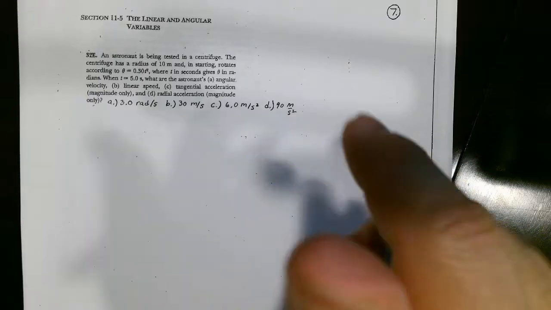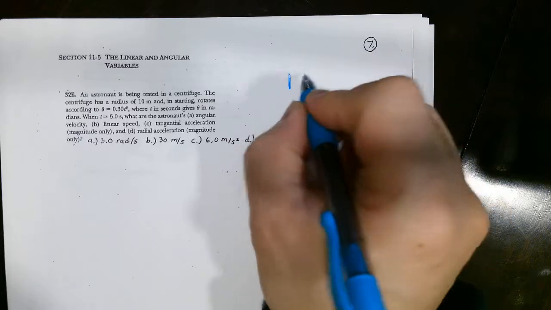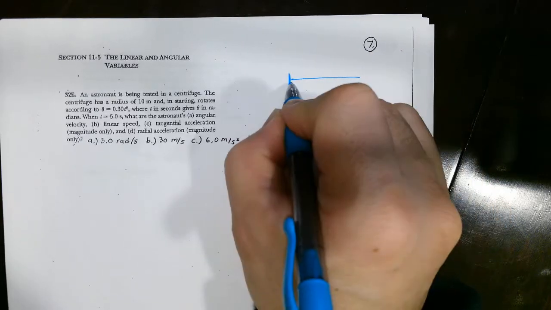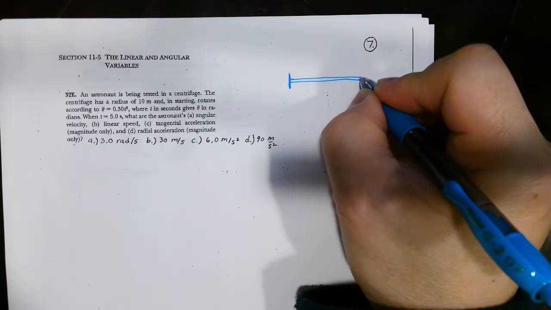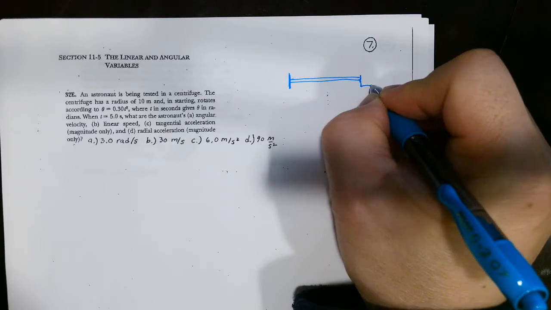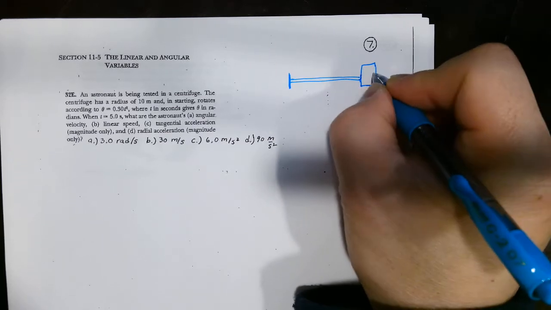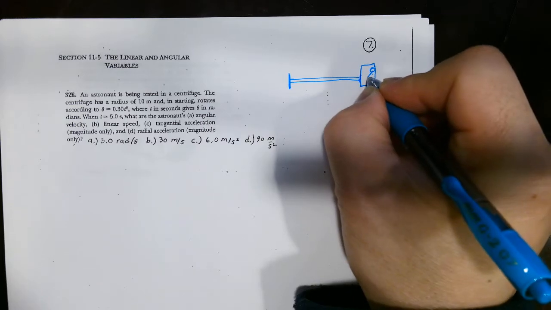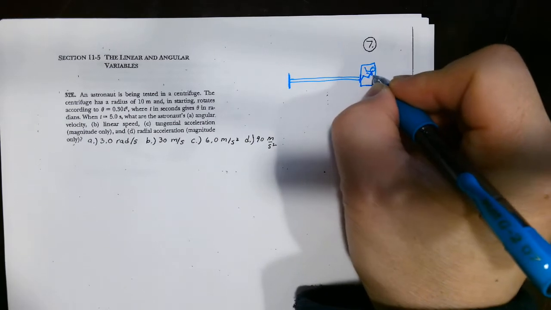So we know here, this is the starting position, and this is the arm, and inside the chamber the astronaut is sitting in here.